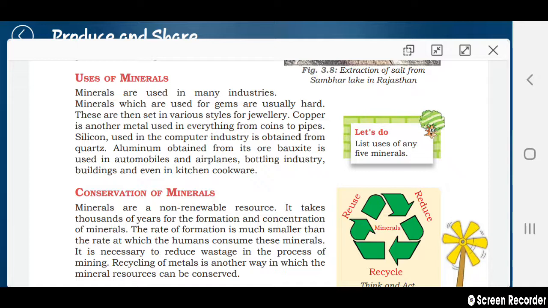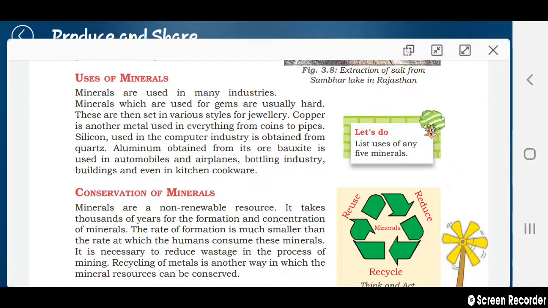Minerals are used by many industries, and minerals which are used as gems are usually very hard. These are then set into various styles of jewelry. Copper is another metal that is used in everything, from coins to pipes.